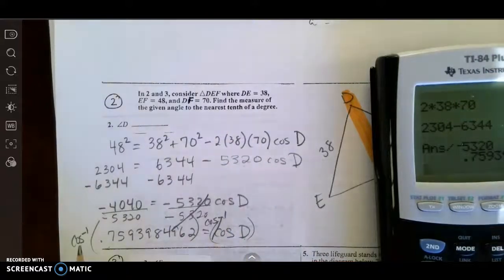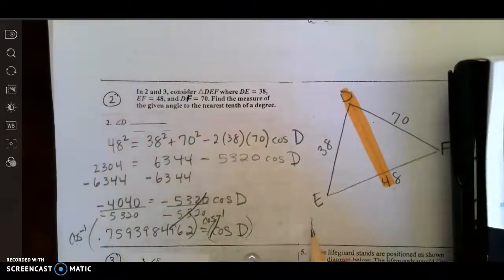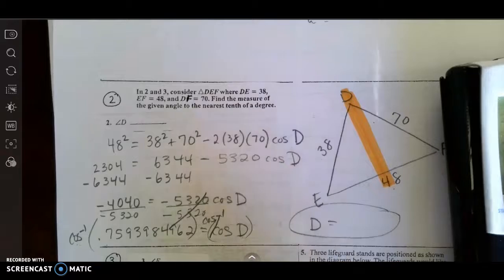And D equals the inverse cosine of this number. So I'm going to let you guys put that part into your calculator, and you will find angle D.